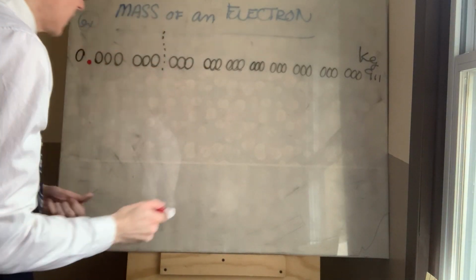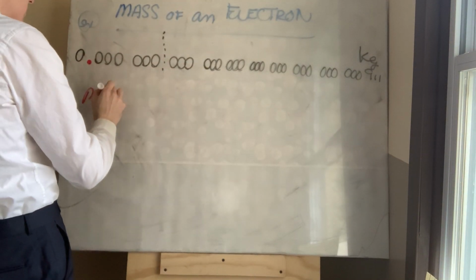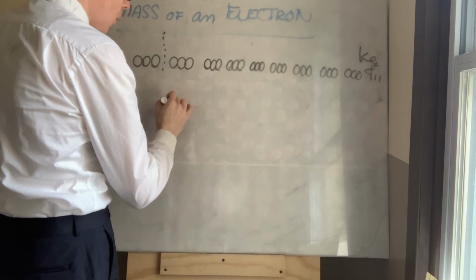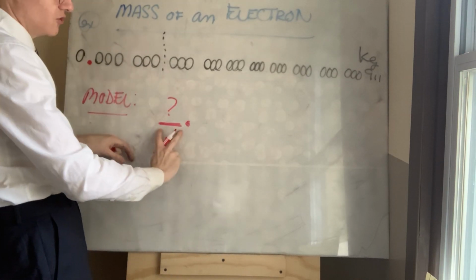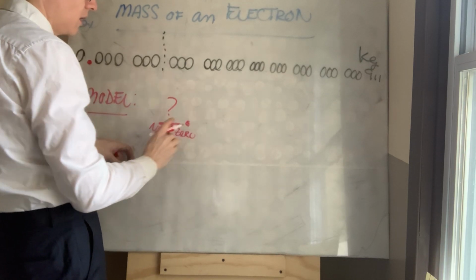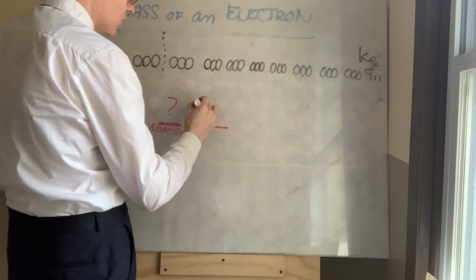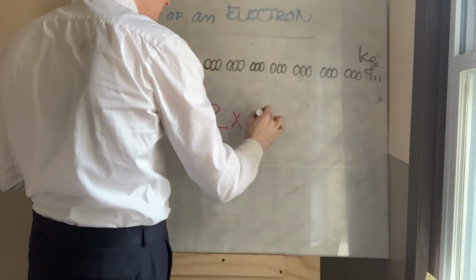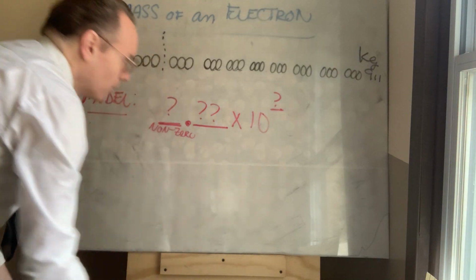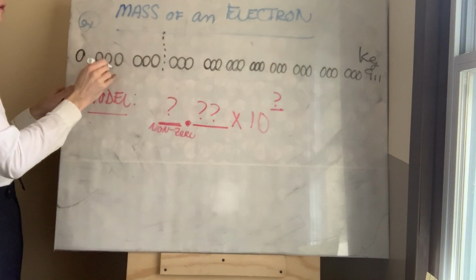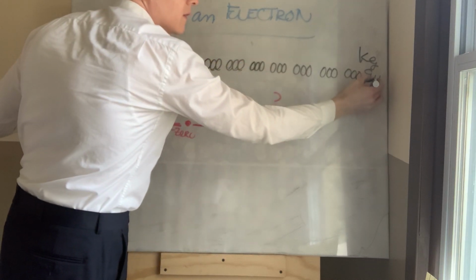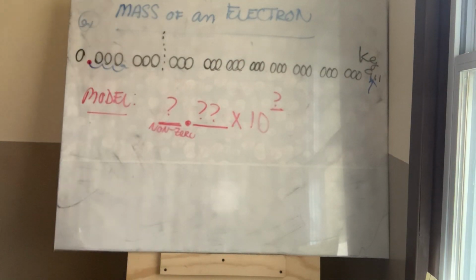Anyhow, if we were going to conform to this model for scientific notation, which is to have one non-zero digit up in the front, the decimal point, and then whatever trails it, times the power of 10, it would be a matter of moving this decimal place all the way to in between the 9 and the 1 here.